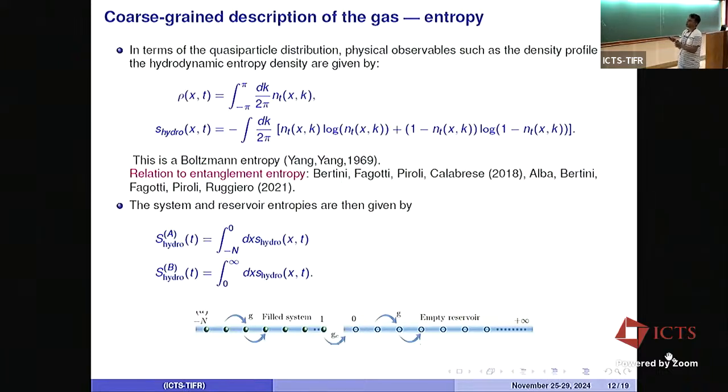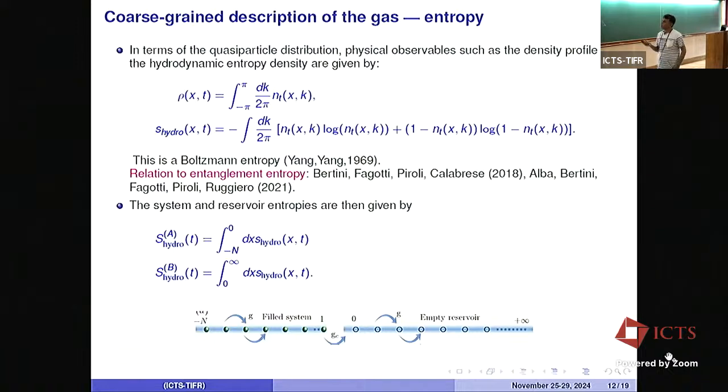The idea is that you assume some local equilibrium, and at some point x, at some time t, if you take a small cell, you can compute an entropy which is just the usual fermionic thermodynamic entropy, the entropy of a gas with some Fermi distribution.